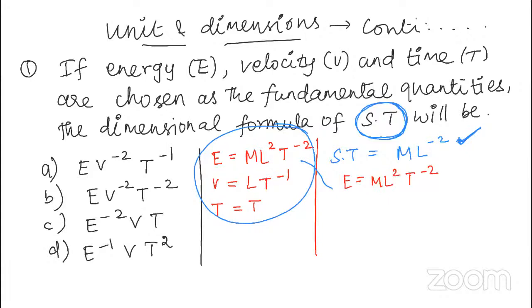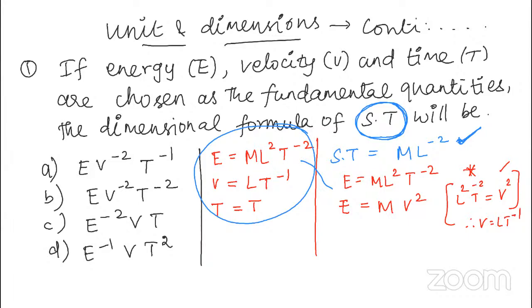Here E should be equal to M into V square, because L square T power minus 2 is equal to V square. We know that V is equal to L into T power of minus 1. So we write V square instead of L square T power minus 2.